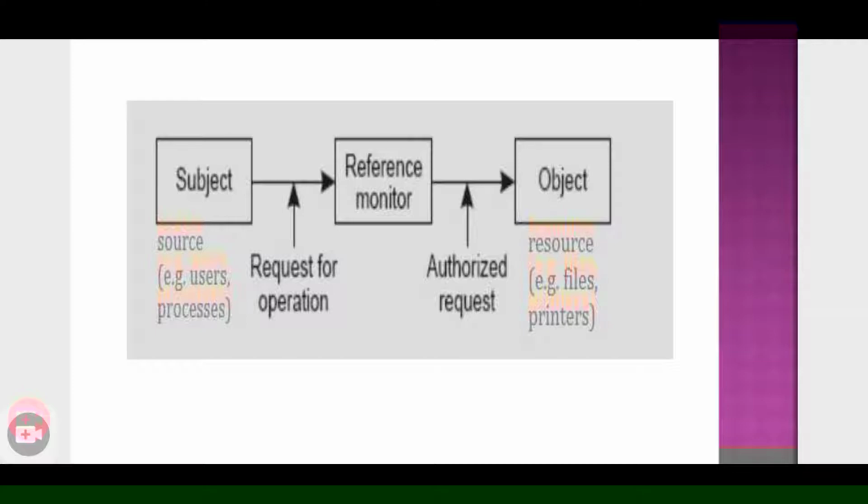The server contains resources like files, printers, etc., or other services, and these are objects. These requests are monitored by a reference monitor and then processed. If it is an authorized request, the object will be given to the subject. This is the actual mechanism that comes under access control.